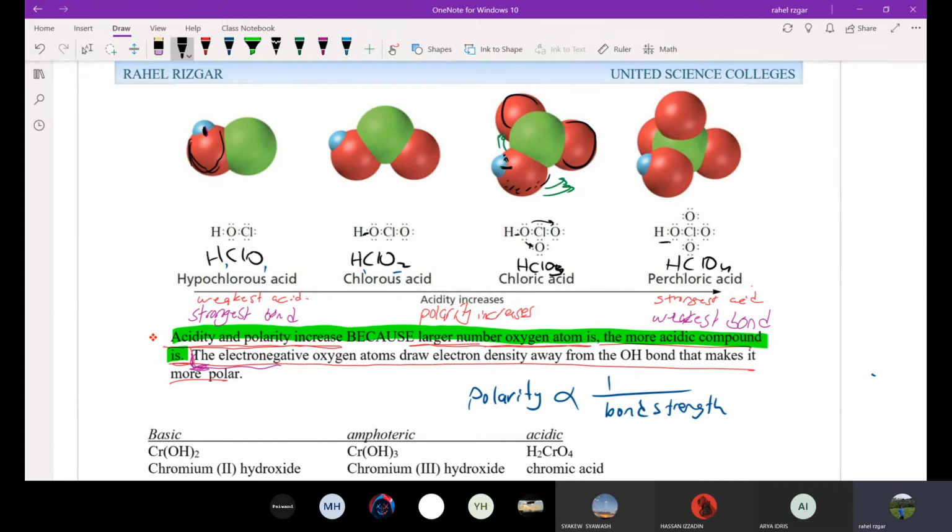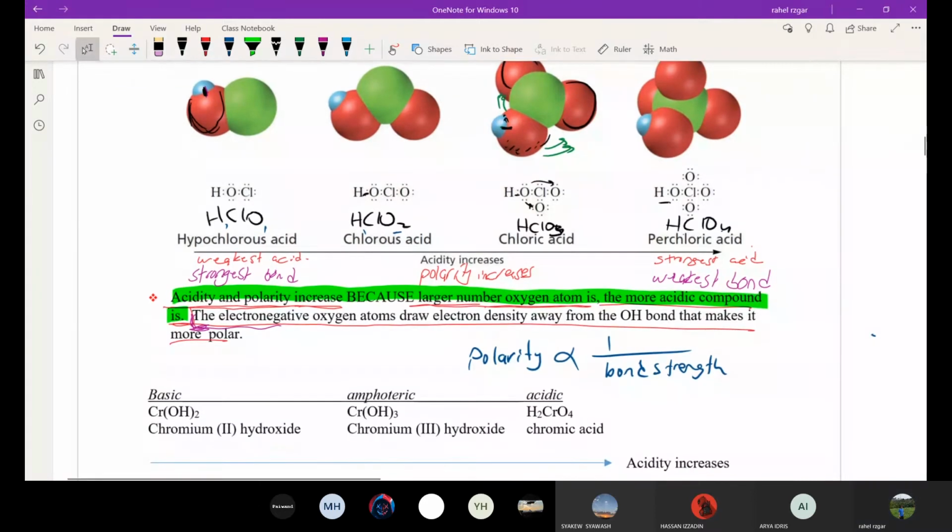Who has understood this? Either way, let me repeat it again. When oxygen has a higher number inside a compound, those oxygens draw electron density, attract electrons, away from those OH bonds, the bond between O and H. If the electrons are drawn towards the oxygens, then the bond between O and H becomes more polar.